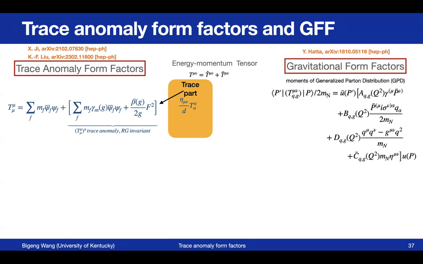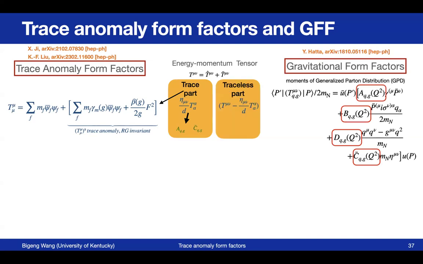On the other hand, the energy momentum tensor matrix element can be expressed in terms of the gravitational form factors A, B, D, and C bar. One can extract A and C bar from the trace part, and A, B, D from the traceless part. For details, you can check Wang and Dimitra and others' work here.